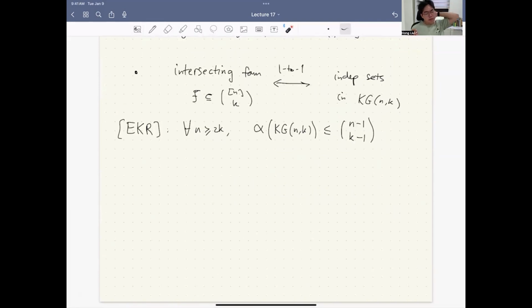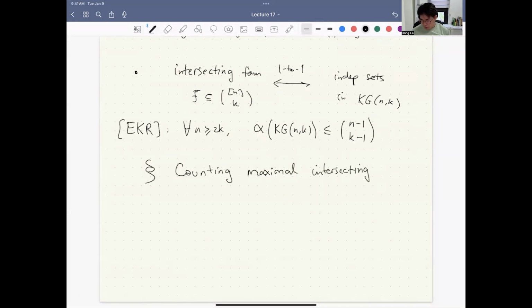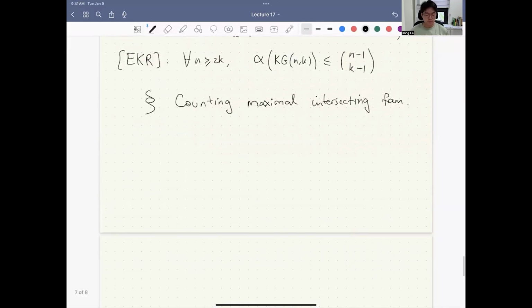Let's begin. This is a counting problem. So we're going to do counting maximal intersecting families. First of all, before we count, what's maximal intersecting?